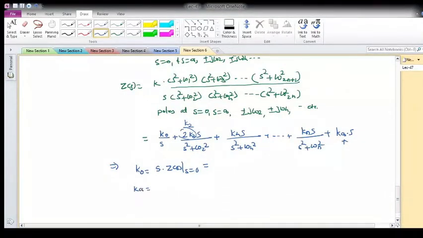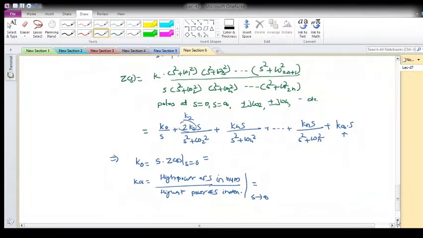So this is also, you divide the highest power of s in the numerator by the highest power of s in the denominator, and this will be your residue at s tends to infinity.